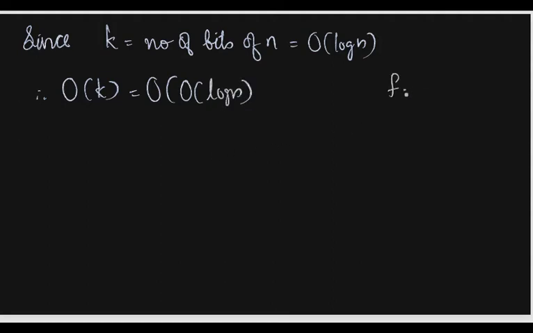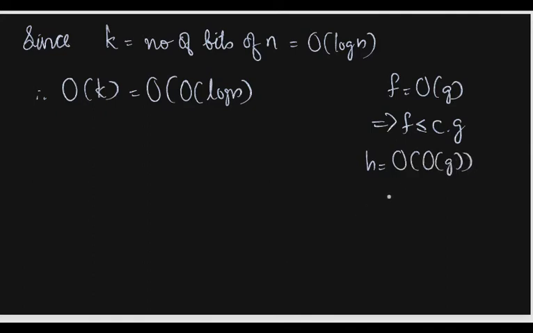But we know that if f is equal to big O of g, it means that f is less than or equal to c into g. And so if h is equal to big O of g, that means that it is less than or equal to c into, say, some other constant d into g.